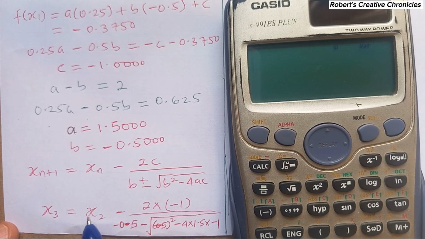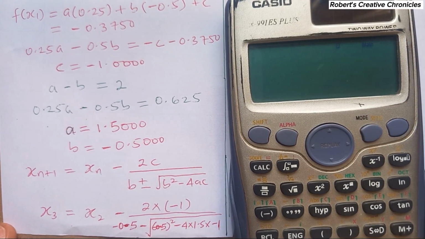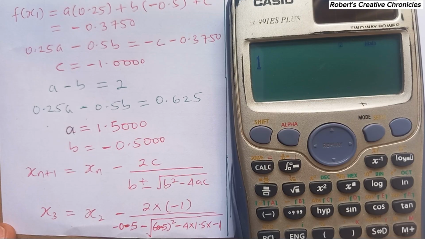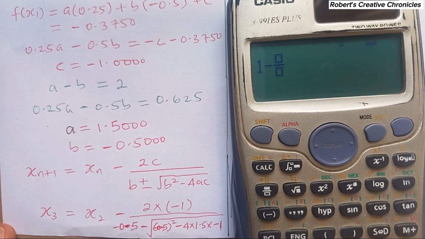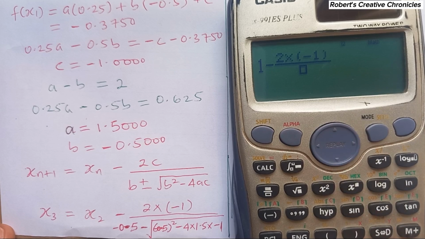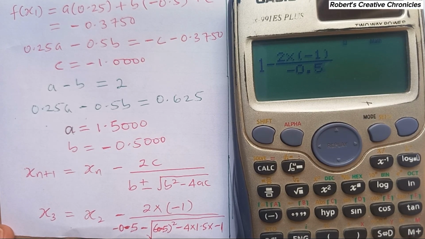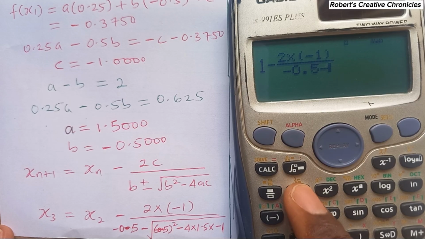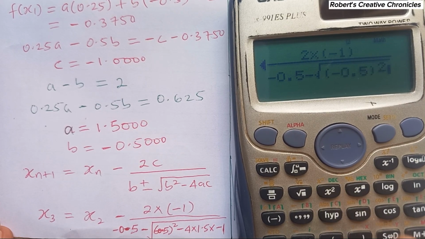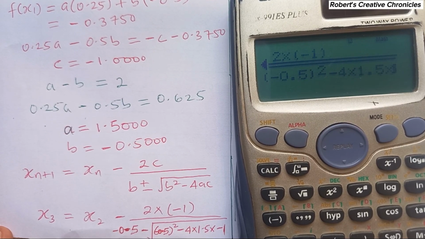So now x2. x2 is 1 from the equation. So we can substitute 1 here as x2. It's going to be 1 minus 2 times -1 over -0.5, minus root of -0.5 squared minus 4 times 1.5 times -1.